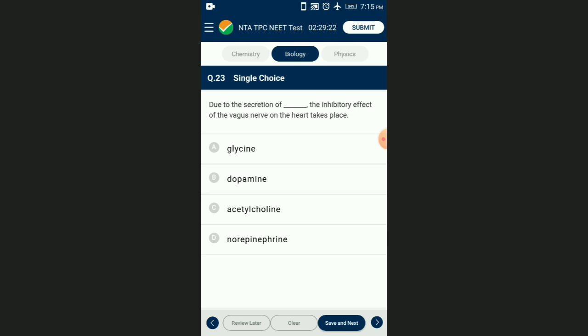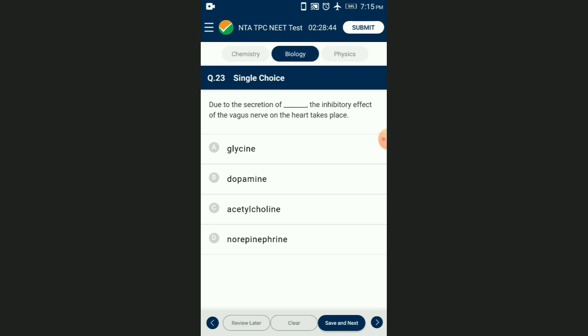Question number 23. Due to the secretion of dash, the inhibitory effect of the vagus nerve on the heart takes place. Vagus nerve is a cranial nerve and it is associated with visceral organs such as lungs, heart, stomach, intestine. The autonomic nervous system controls the heartbeat rate by the cardio-regulatory center that is present in the medulla oblongata. The emergency condition activates the sympathetic motor nerve.